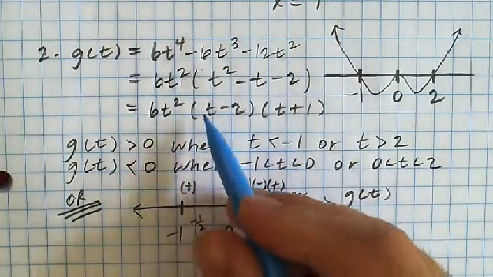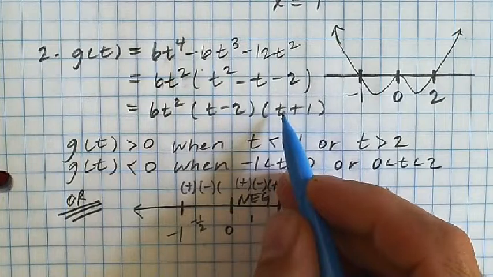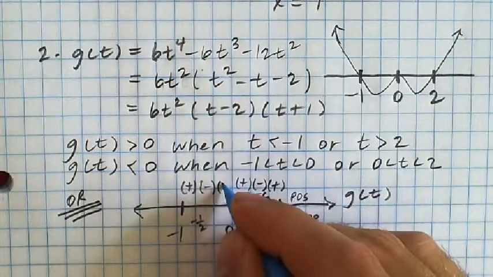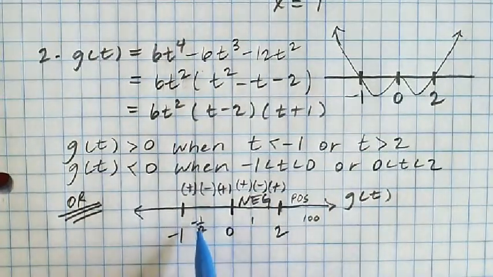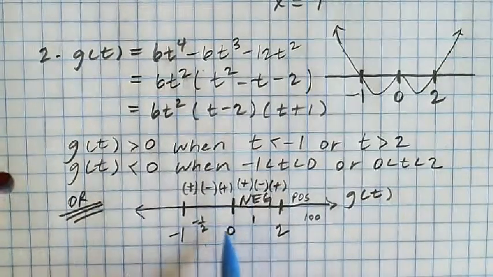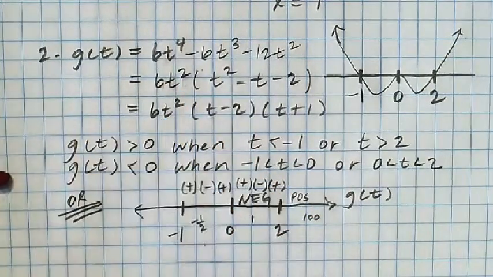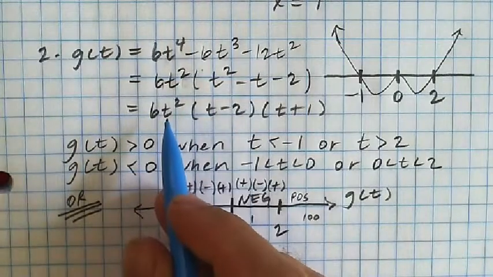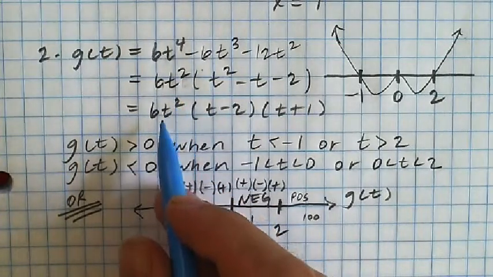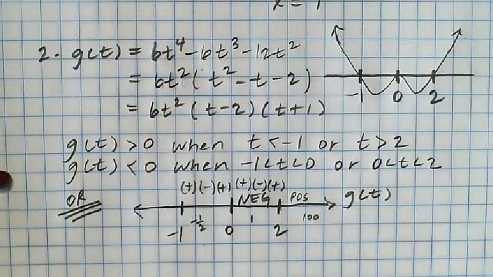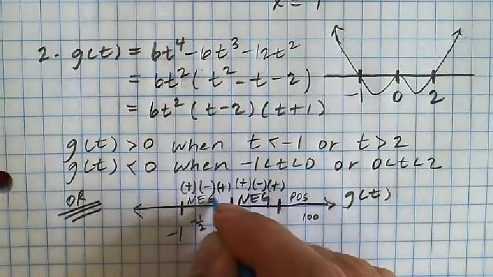Then when I take -1/2 and subtract 2, I have a negative, and -1/2 plus 1 is going to be positive. And if you think about it, what we did when we switched from 1 to -1/2 is we just changed this factor. We crossed the 0 here to see what would happen. Well, since it was squared, take a positive number and you square it, take a negative number and you square it, it doesn't really matter. Okay, and then this is also negative.